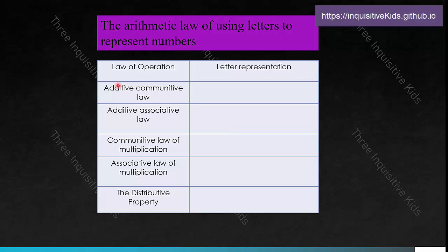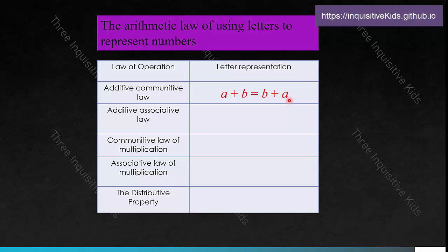For example, the arithmetic laws could have additive commutative law or the commutative law of addition. That was a plus b equals b plus a. Remember, the variables a and b can represent any quantity.